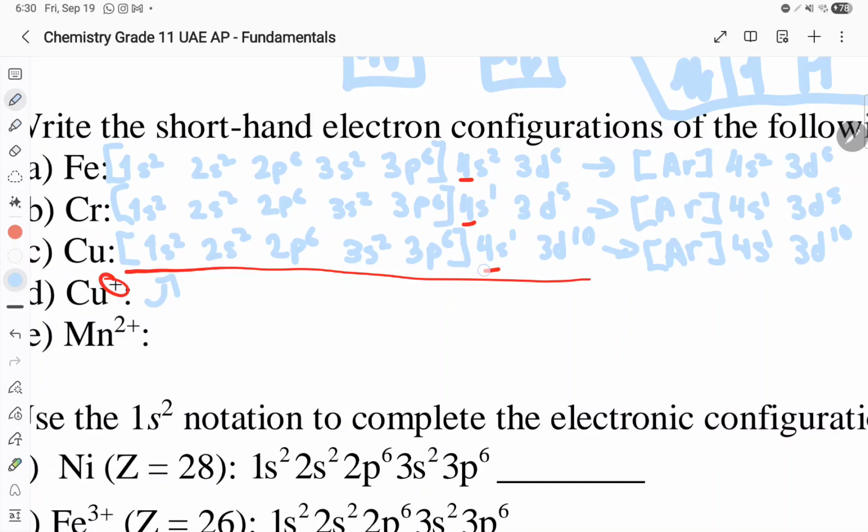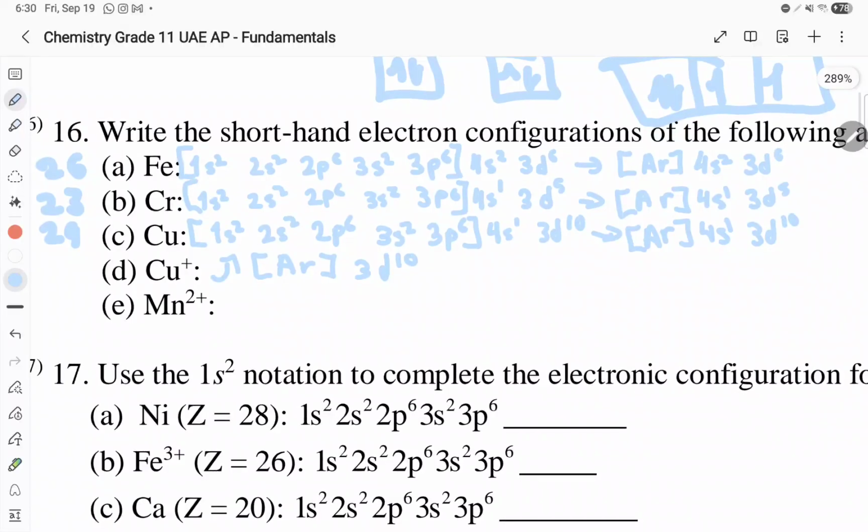What has the highest energy level here? The highest energy level is 4. So you're going to take 1 from 4s1. 4s1 only has 1, so it's going to become nothing. You're not going to have 4s1. So for the copper ion, it's going to be Ar 3d10. And that's the configuration for the ion. Let me write it down in blue. Ar 3d10, because we took 1 from the 4s.